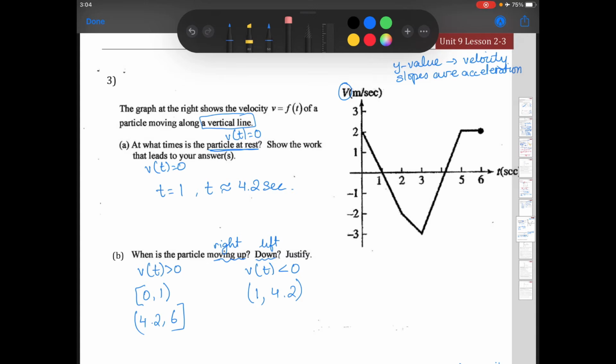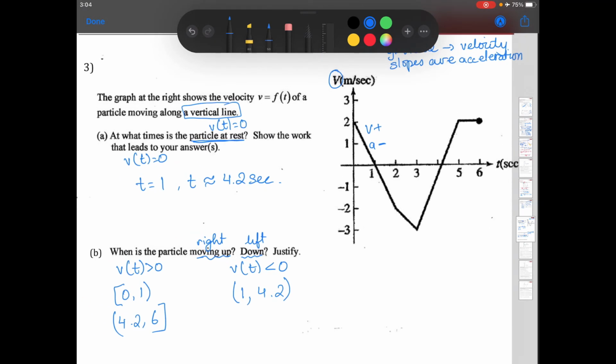So let's look at between 0 and 1. My velocity is above the x-axis, so velocity is positive and my acceleration is negative, right? Remember again, velocity is your y value and slopes are your acceleration.